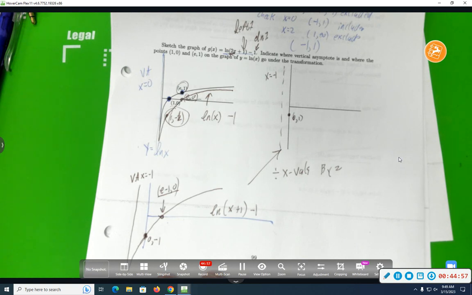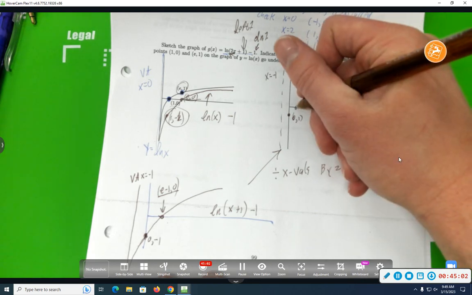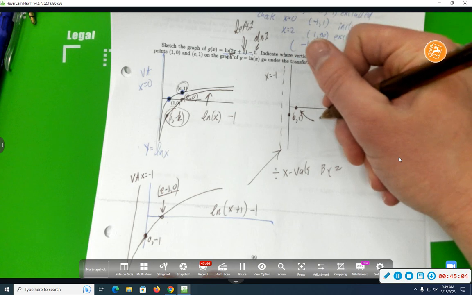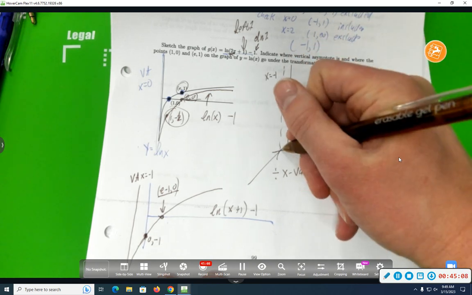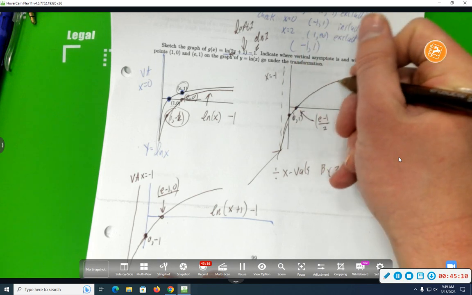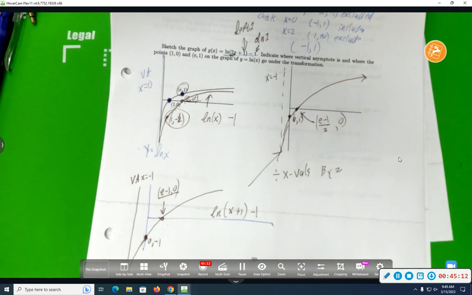I guess whatever e minus 1 over 2 is, right? Which we could get a decimal approximation, but I think I won't. e minus 1 over 2, comma 0. And then it should look like a logarithmic graph on the line. Does that feel pretty okay?